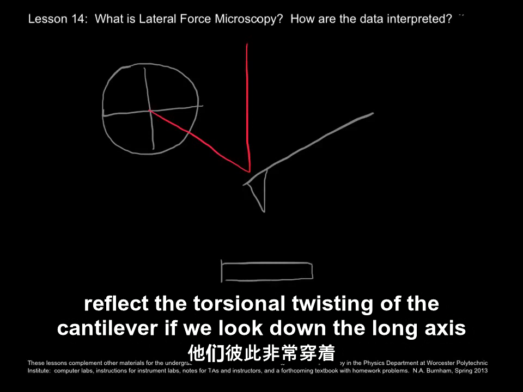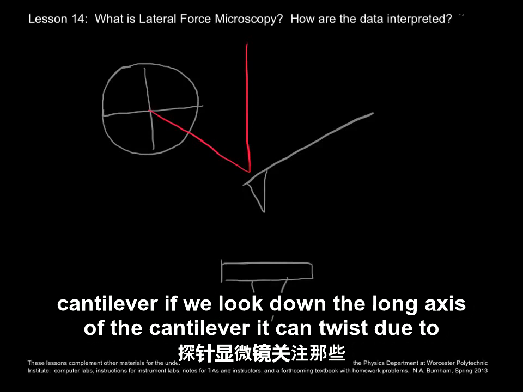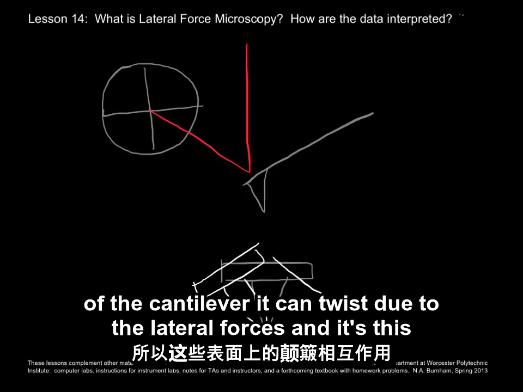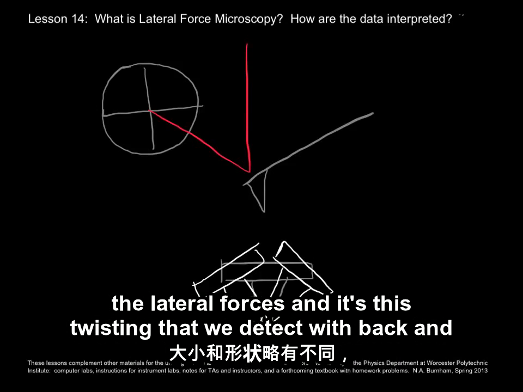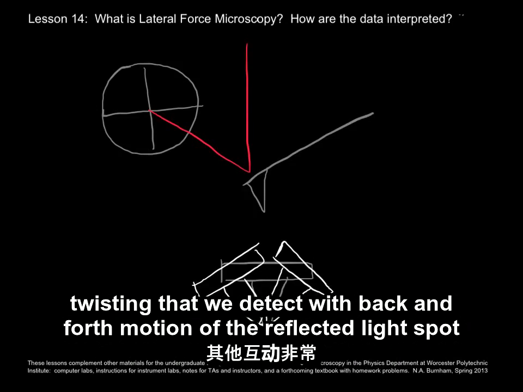If we look down the long axis of the cantilever, it can twist due to lateral forces, and it's this twisting that we detect with the back and forth motion of the reflected light spot.